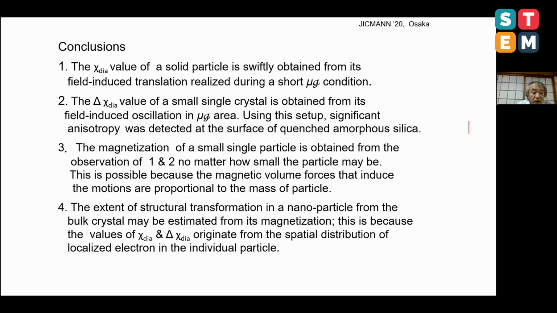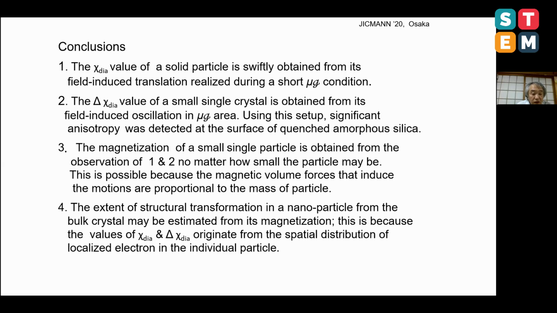And third, the magnetization of a small single particle is obtained from the observation of method 1 and 2, no matter how small the particle may be. This is possible because the magnetic volume force that induces these motions is proportional to the mass of the particle.